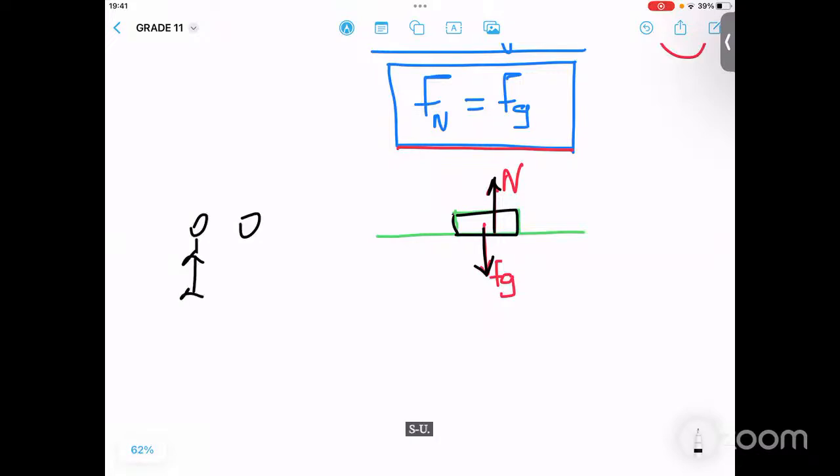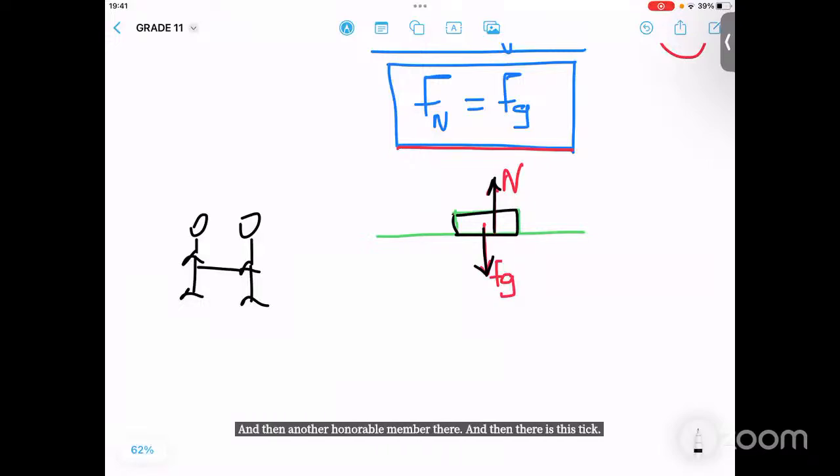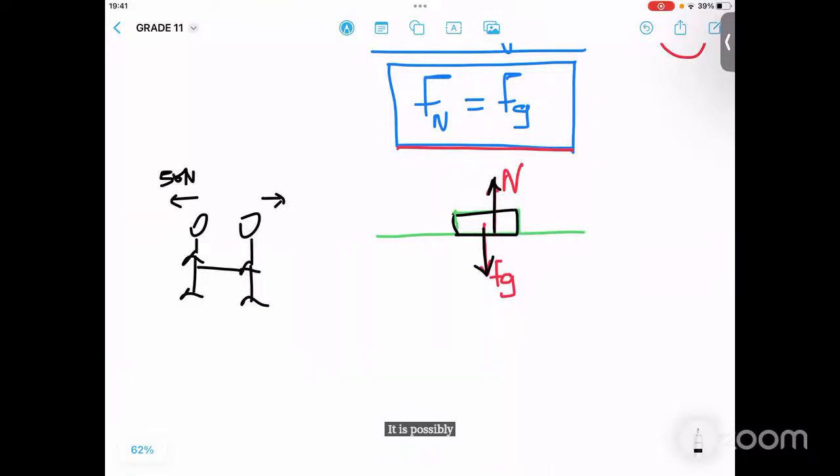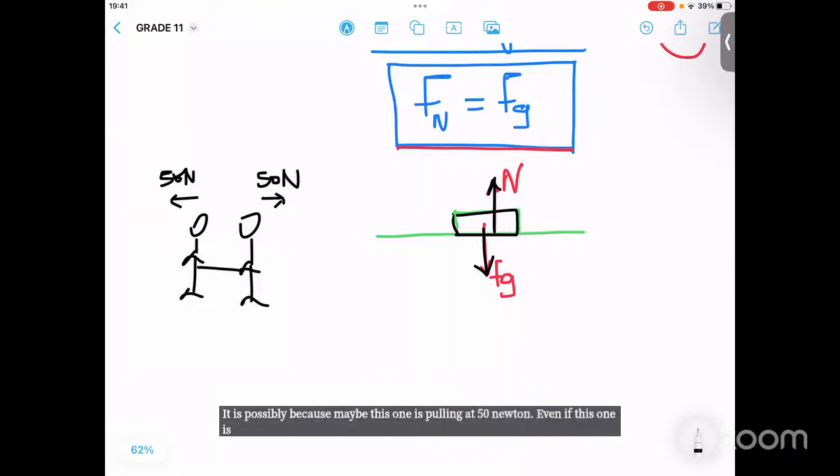and then another honorable member there, and then there is this stick. And you guys are trying to pull in that direction, and then this one pulls in that direction. But no one is moving. It is possibly because maybe this one is pulling at 50 Newton. Even if this one is pulling at 50 Newton in the opposite direction, it means no one is going to move.